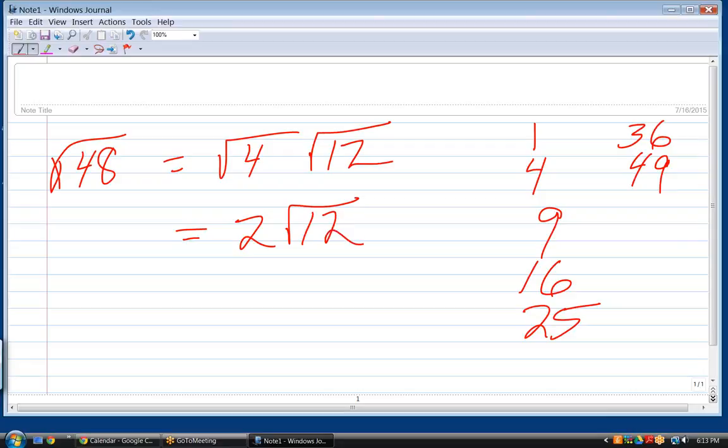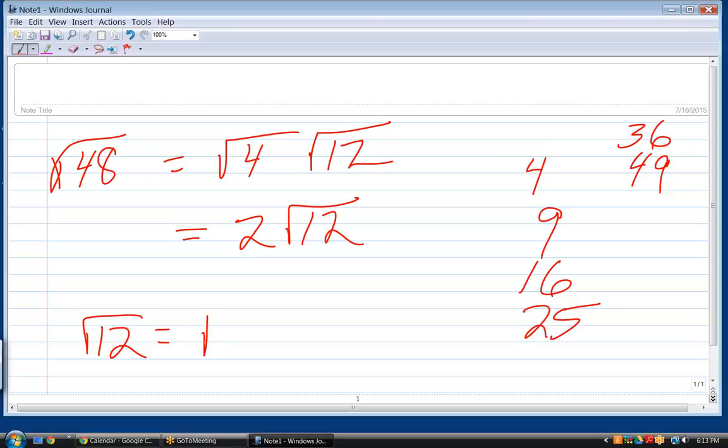But now let's look at root 12. What is root 12 going to be equal to? What two numbers multiply to 12, one of them being on this list? No, not 1. Let's take this one off the list because you don't ever want that one. 4.